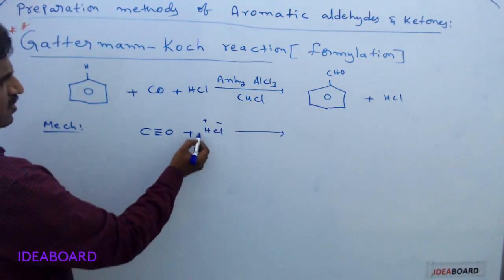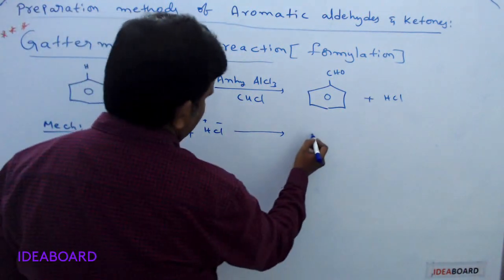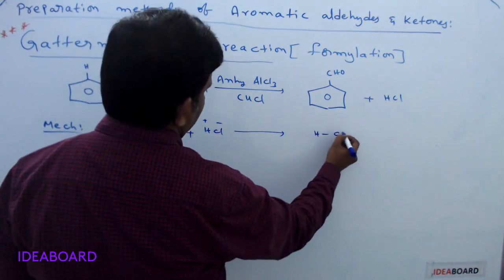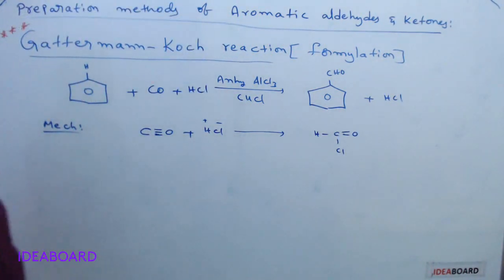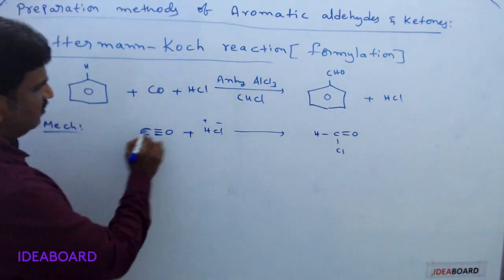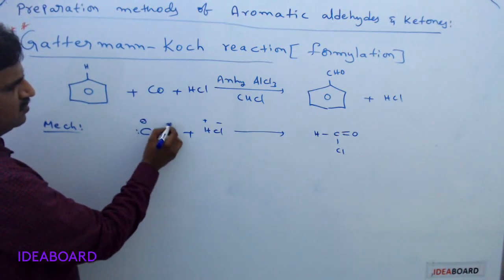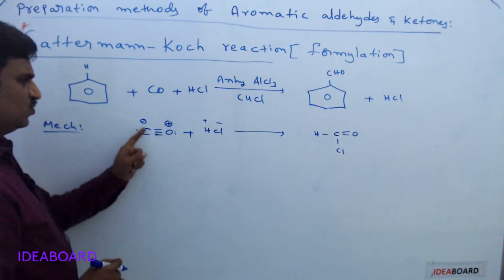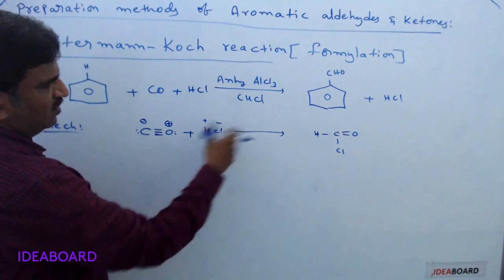H attacks and we get HCOCl. Because CO has a lone pair on carbon and a positive charge on oxygen, both attack: first H plus and then Cl minus.